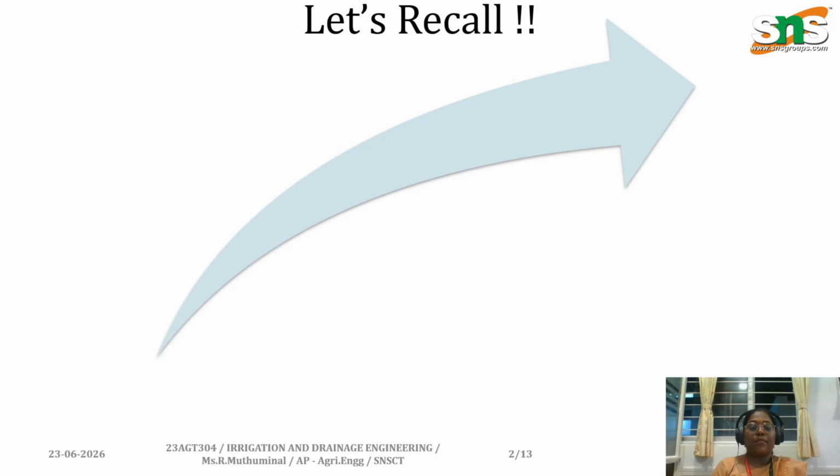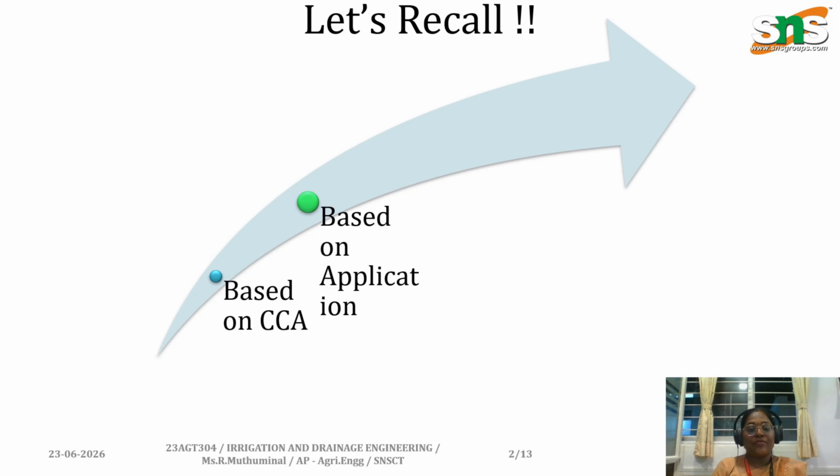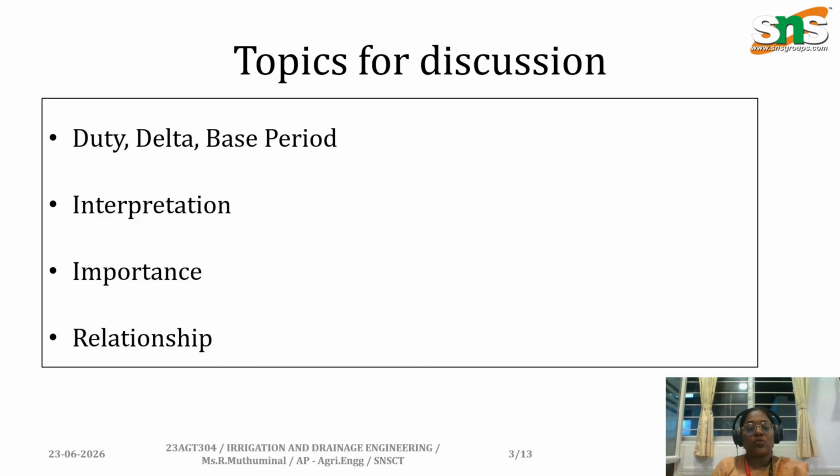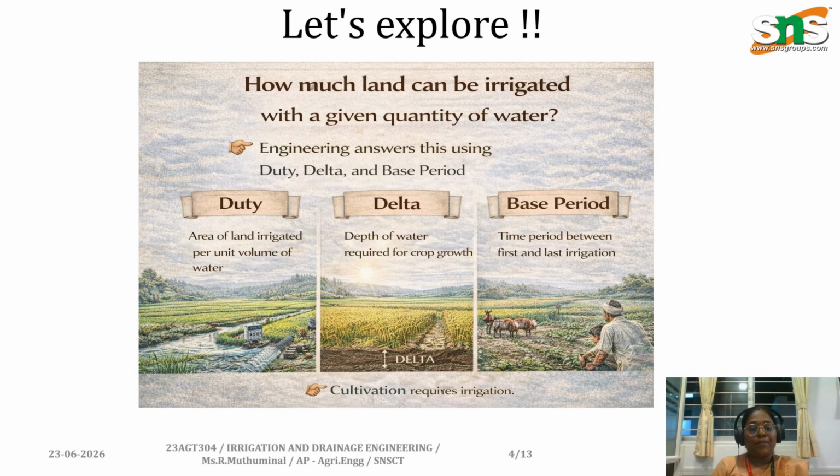We have seen some concepts such as crop seasons, the methods of irrigation, and classification based on the command area. All these concepts are interrelated and form the basis for irrigation planning. So let us start with an important question today. Suppose we have a fixed quantity of water.